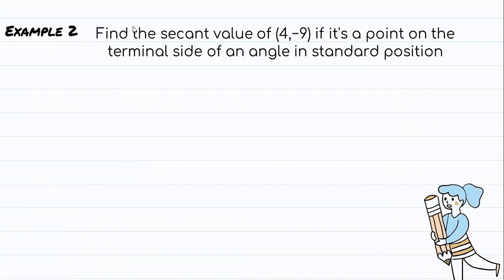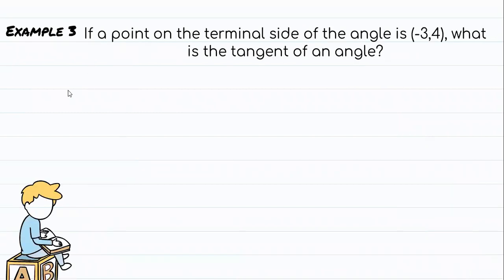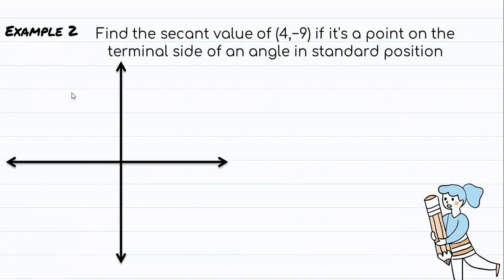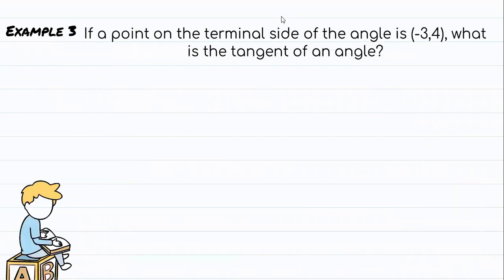So first thing again that we need to do is to illustrate the given. So it says there 4, negative 9.